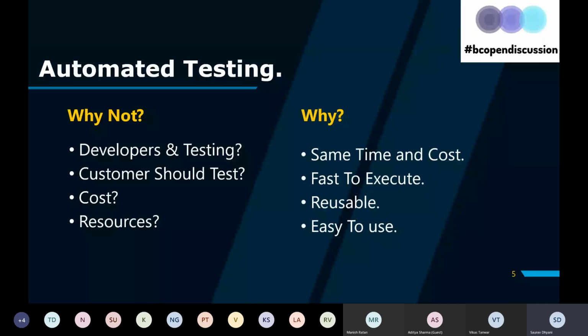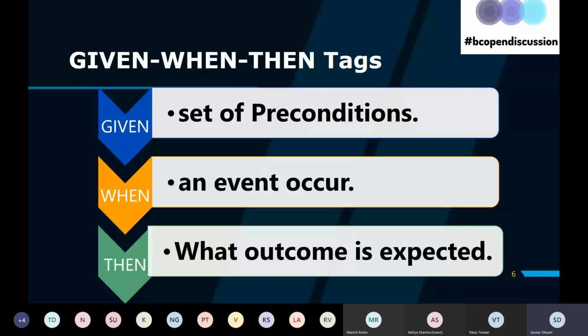Okay. So if you haven't heard about it, there's a common pattern about automated testing, and that pattern is called given-when-then. That's very important when you talk about automated testing, and we'll see a demo of it in the middle of the session. A given is a set of preconditions that already exist in the system.